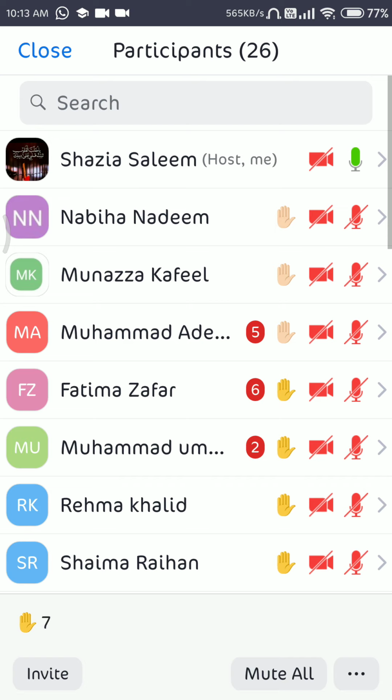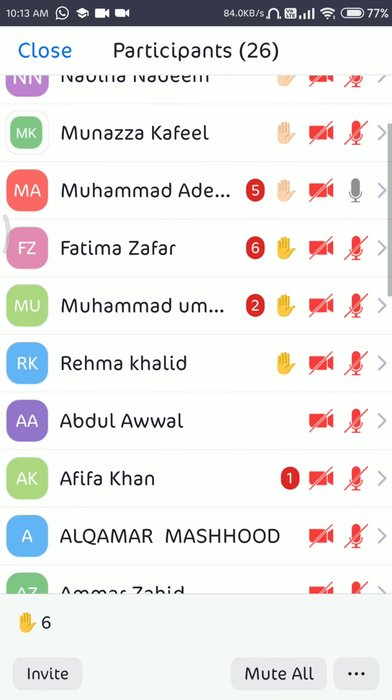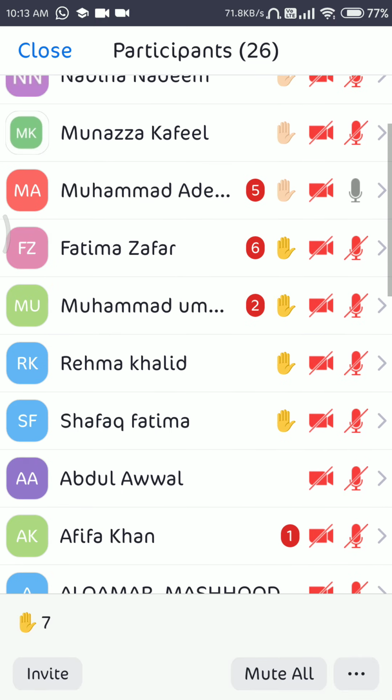Anyway, the next one: which of these are underground stems? Raise your hand. Underground stems.